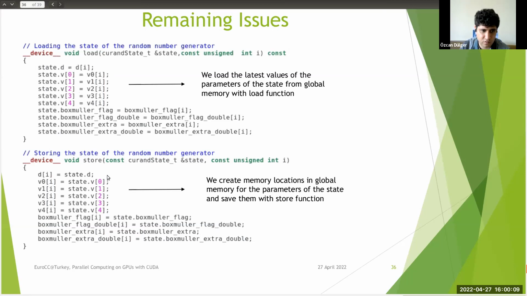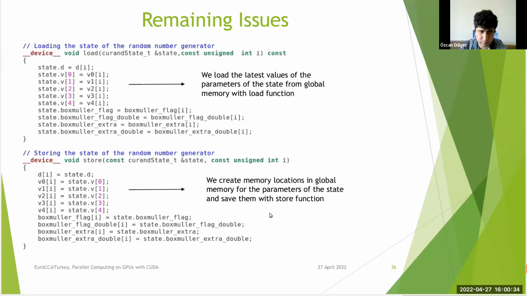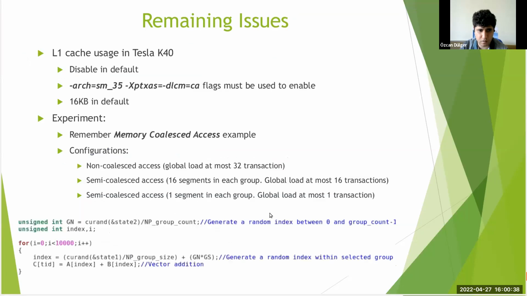Here, we store the latest value of the state to our global variable. These are the parameters of the state of the random number generator.